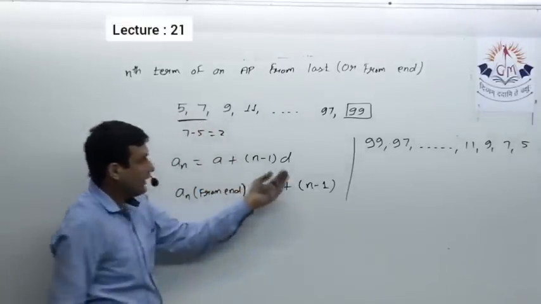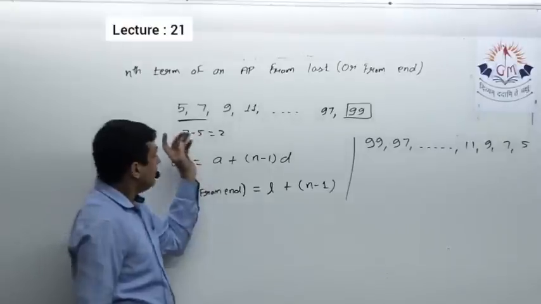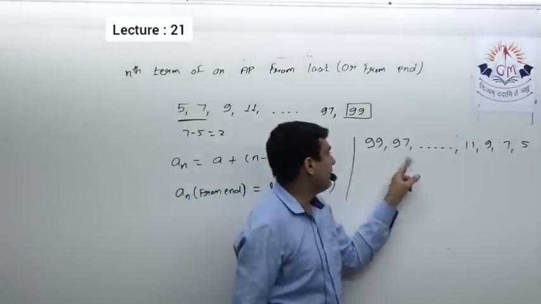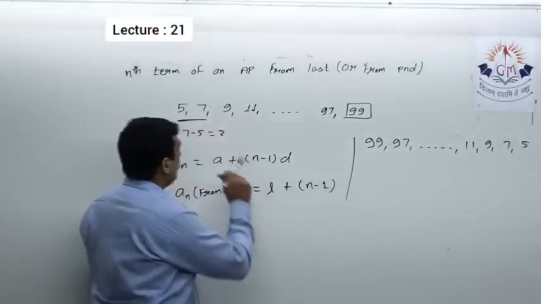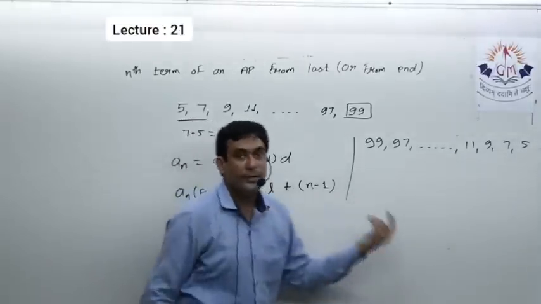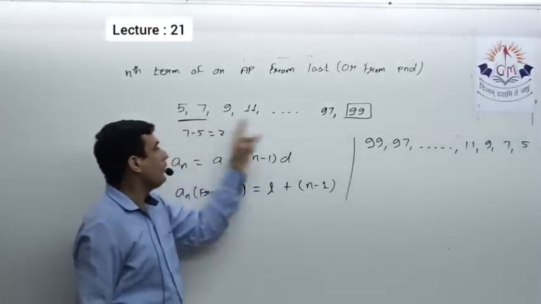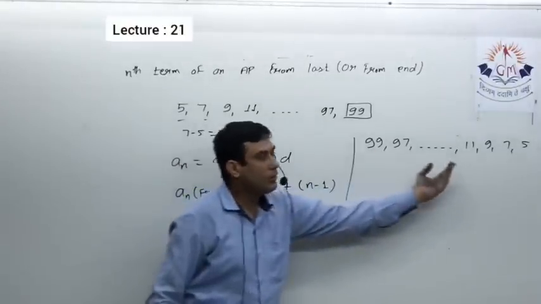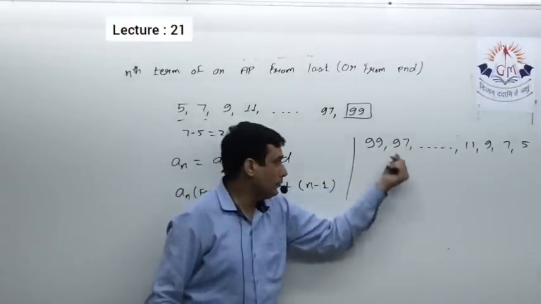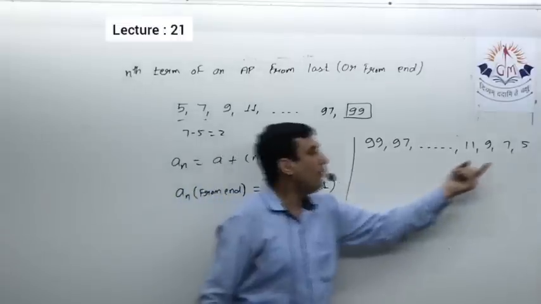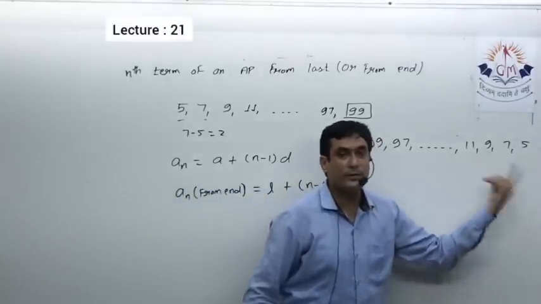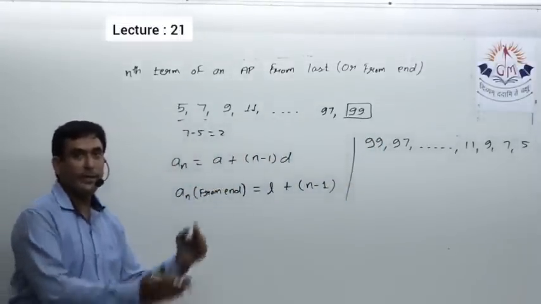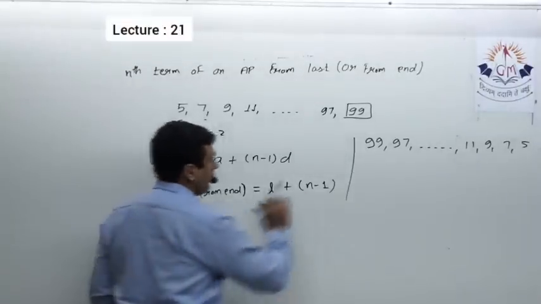But if I write this in reverse order, the common difference will be 97 minus 99. So what will be the common difference? It will be the negative of the normal common difference. Here the common difference is 2, but in that case it will be minus 2. 97 minus 99, or you can check from here, 5 minus 7, this will become minus 2. That means the common difference becomes the negative of the normal common difference.